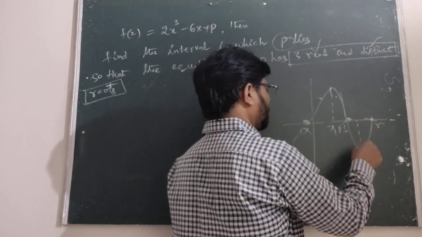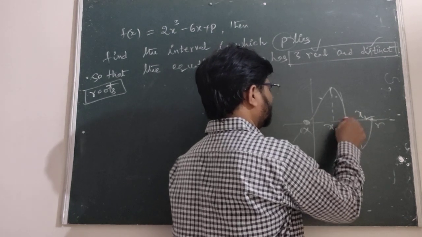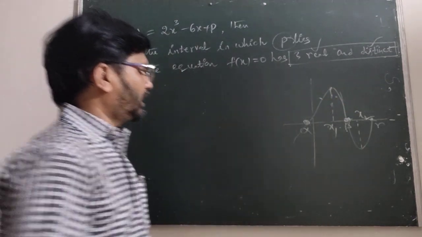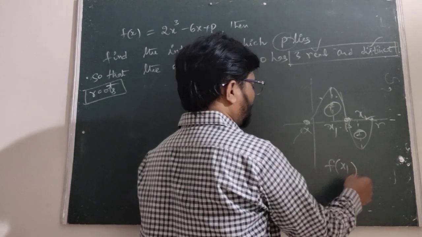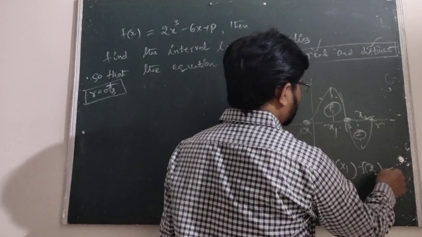This is x1, this is x2. So we got this is plus, this is minus. We know that f(x1)·f(x2) must be less than 0.